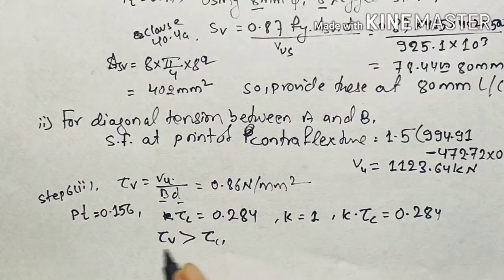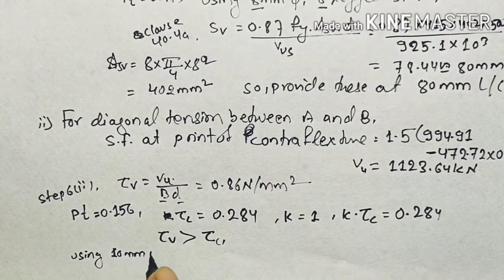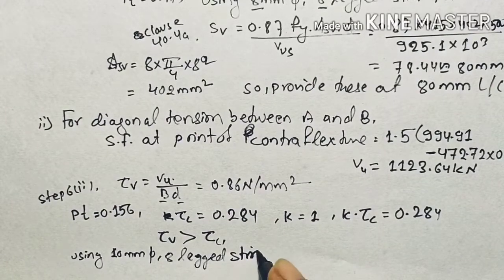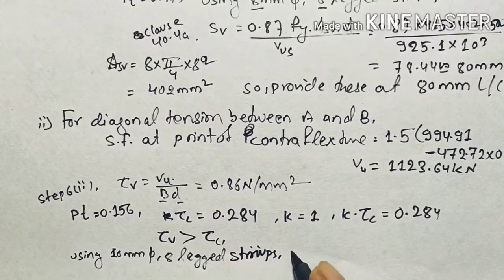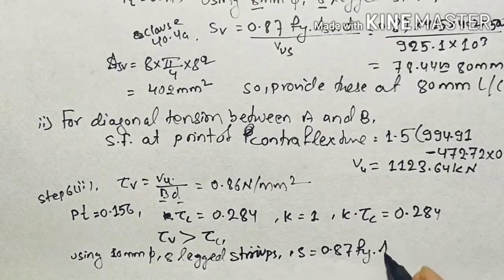So again using 10 millimeter dia 8-legged stirrups, we will have here spacing s equals to again the same formula, 0.87 fy into Asv.